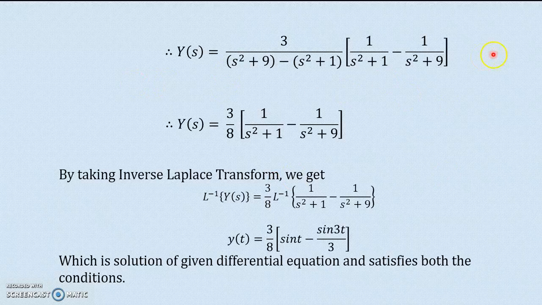So by using that partial fraction method and above formula, we can write down Y of s in this form. By simplifying this, we'll get this equation, and by taking inverse Laplace transform on both sides, we can easily get the value of y of t, which is nothing but a solution of a given differential equation, and this differential equation satisfies both the condition, and that's why we solve this differential equation by using a Laplace transform technique.